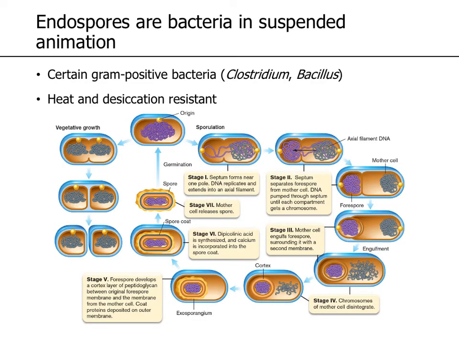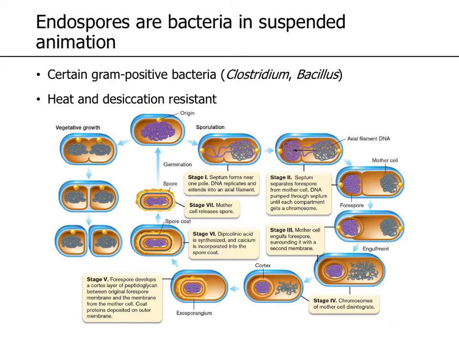All right, so the last example that we'll talk about are endospores. We've brought this up a little bit when we were talking about the experiments to disprove spontaneous generation. These endospores are formed by certain gram-positive bacteria, so Clostridium and Bacillus.